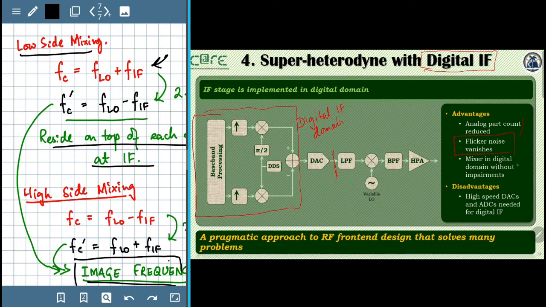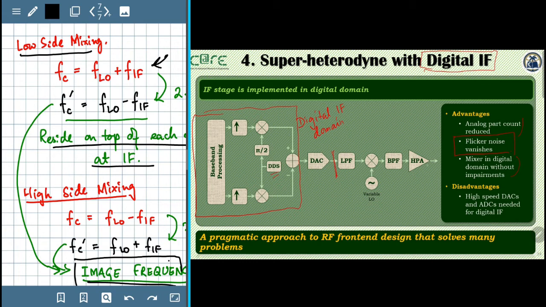The mixer in the digital domain does not have any impairments. So the issue of IQ imbalance, which happens in the case of analog IQ mixers, does not happen in the digital domain, because here the signal is being precisely generated by the DDS, with a phase shift of pi by 2, and the amplitude balance can easily be retained in digital signal processing platforms.